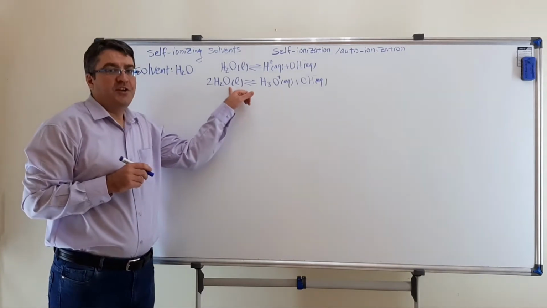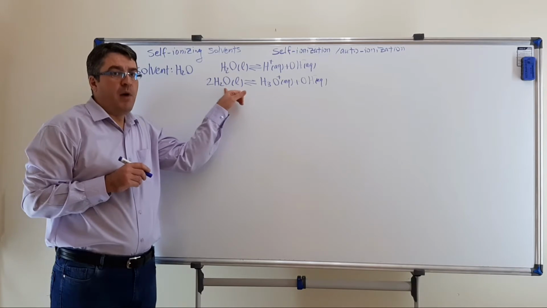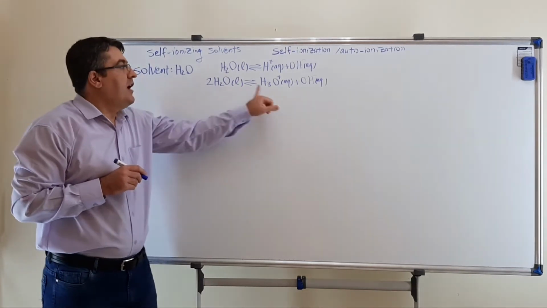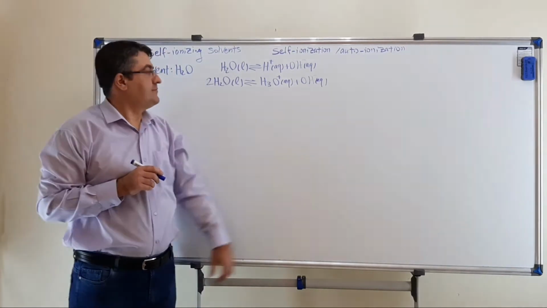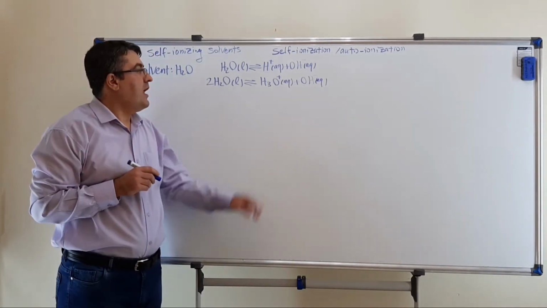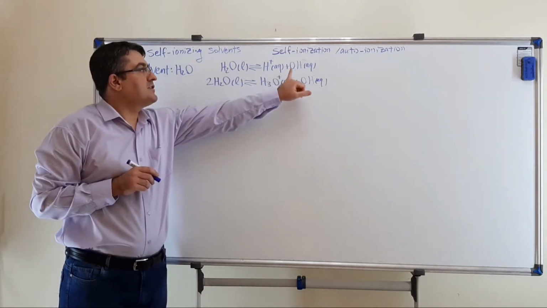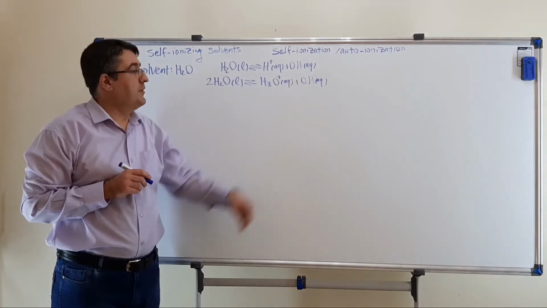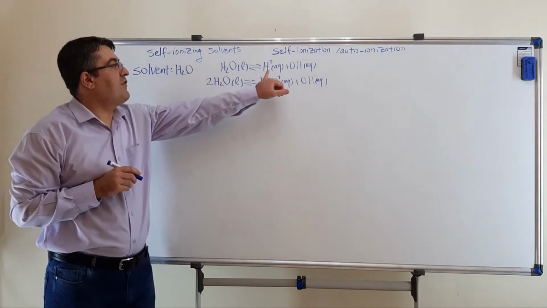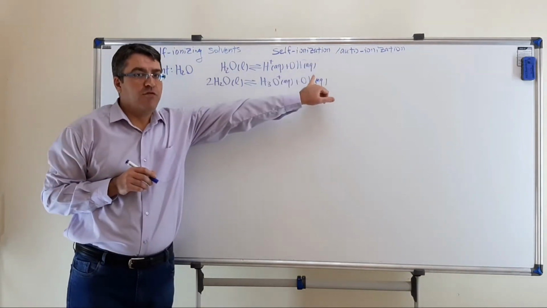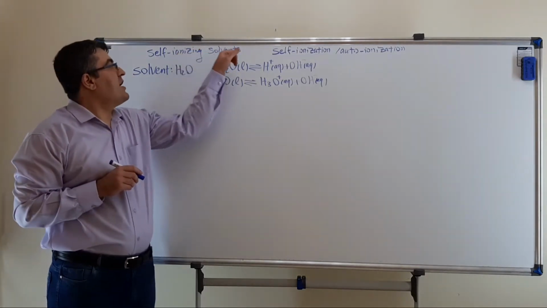In this reaction, we have transfer of an H+ from one water molecule to another one, yielding hydronium and hydroxide ions. In this reaction, water produces ions by itself alone. This is the self-ionization reaction of water, and water is considered as a self-ionizing solvent.